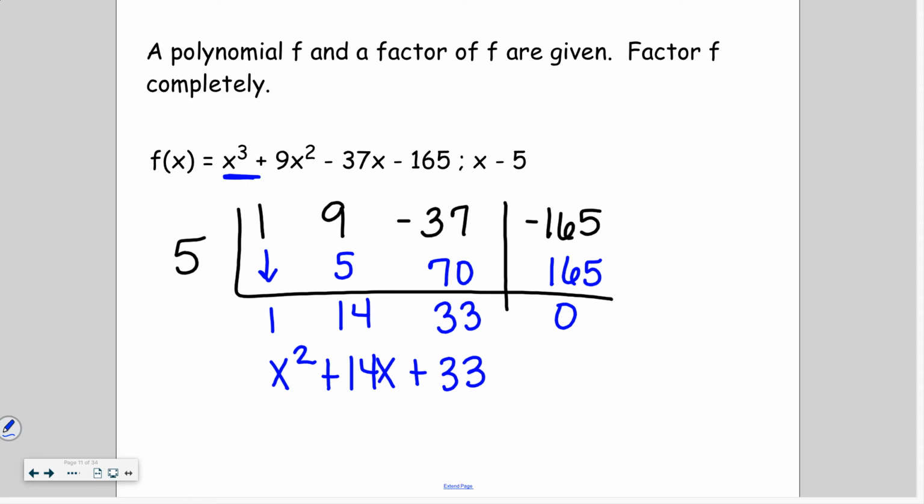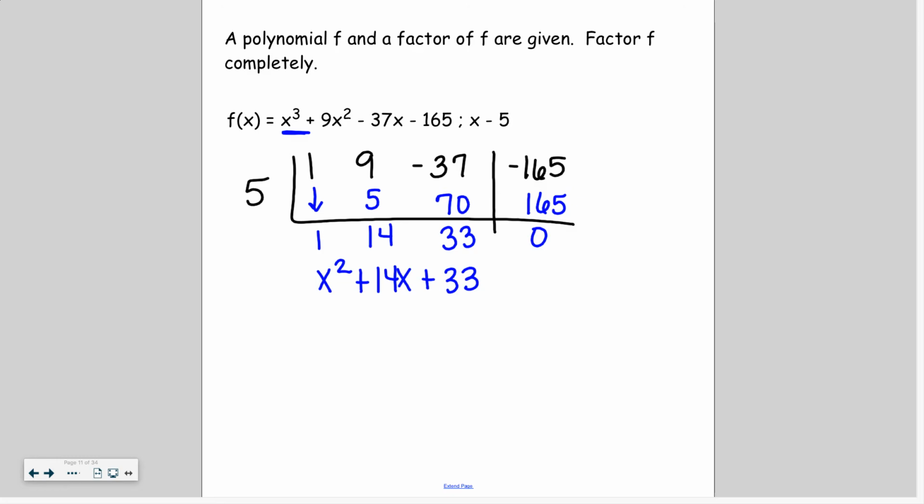Now, let me extend my page a little bit so I have a little bit more room. If I do the x method with this, is there anything that I can multiply to get 33 and add to get 14? So 3 and 11. If I add those, I get 14.